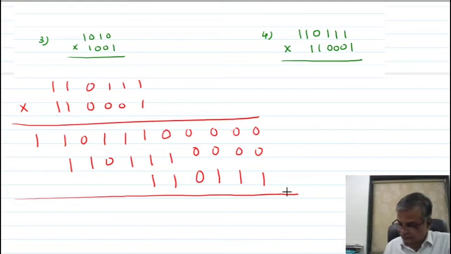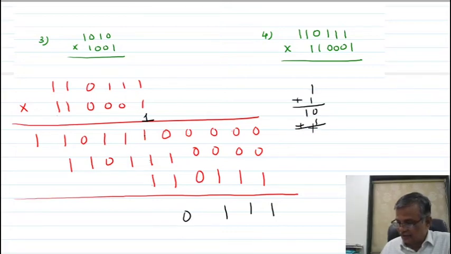Now do the addition. 1 1 1 0. Remember this is 1 plus 1 is 0. Here is very good. 1 plus 1 is 10. 10 plus 1 is 11. 11 plus 1 is 100. See, 1 plus 1 is 10.